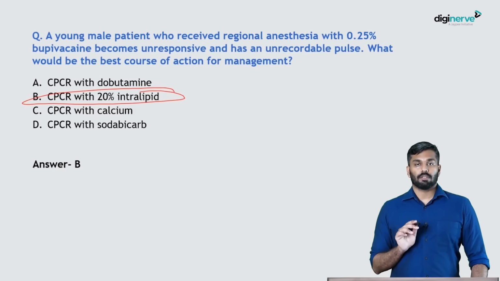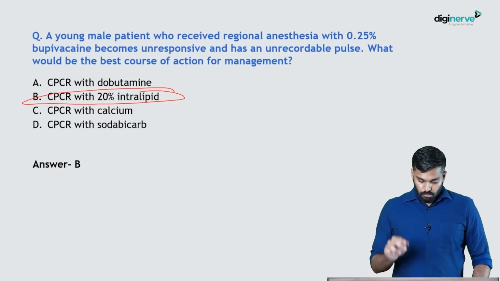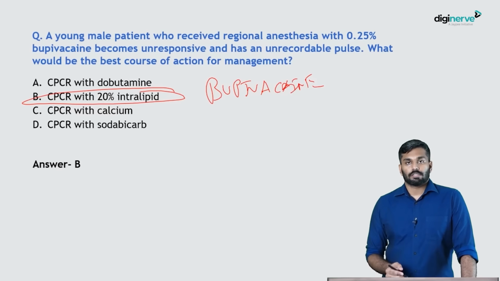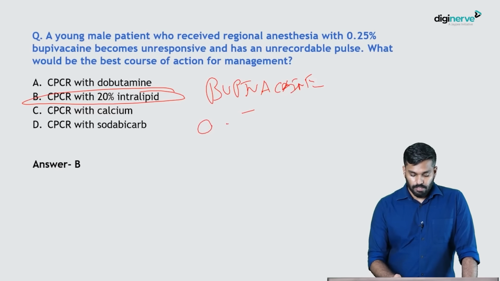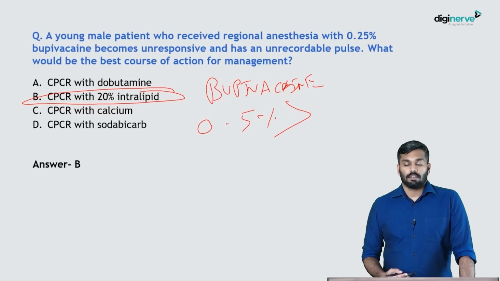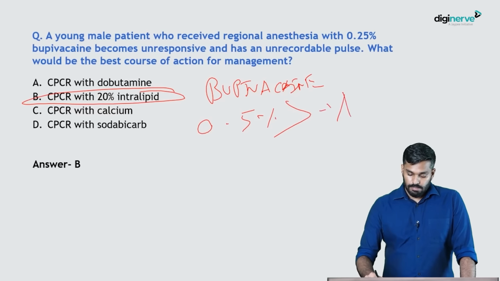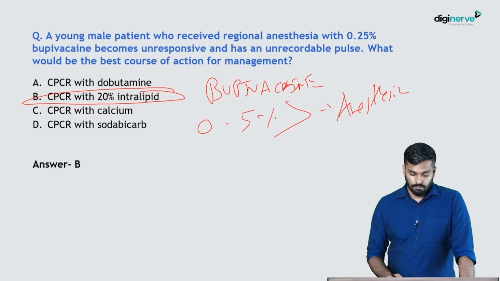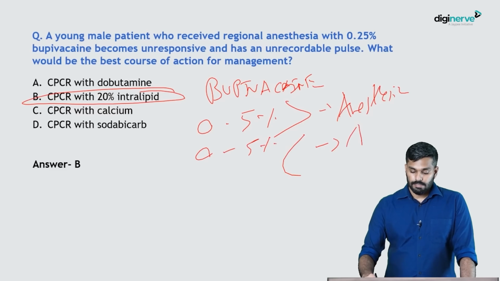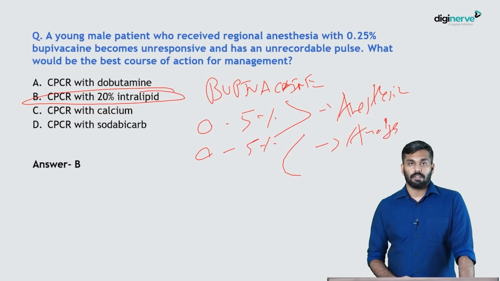The drugs while giving regional blocks, okay. The most commonly given drug is bupivacaine. What you need to understand is the concentration, okay. Any concentration of bupivacaine which is 0.5% and above is used for anesthesia, that is to knock out everything, whereas anything 0.5% and lesser is for analgesia, for pain relief.